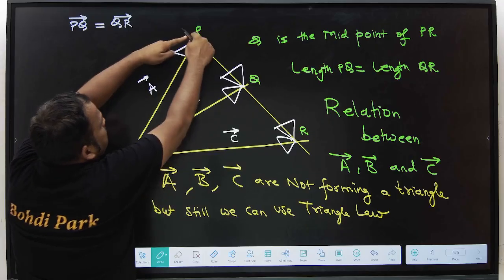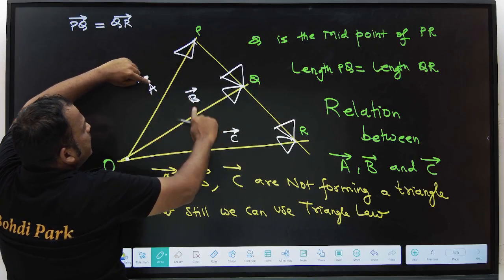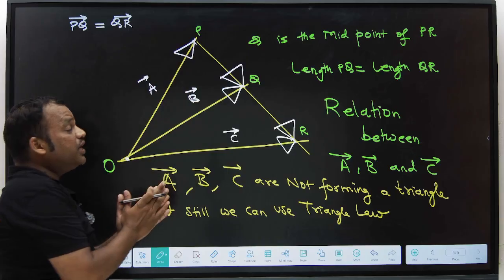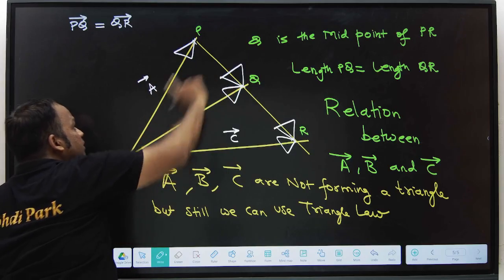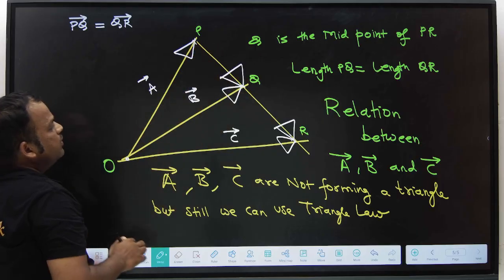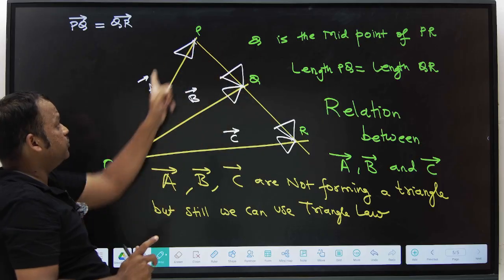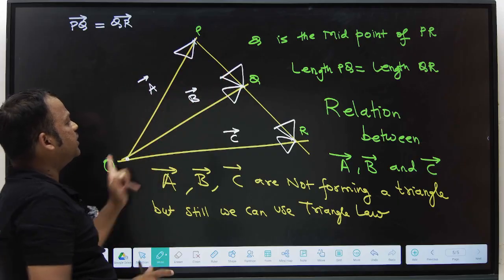Now we will write PQ vector in terms of A and B. So first we will find the relation between PQ vector, A vector and B vector. For that we will use the triangle law.